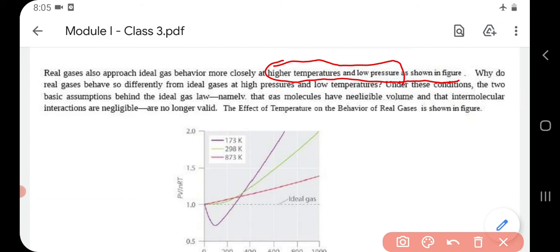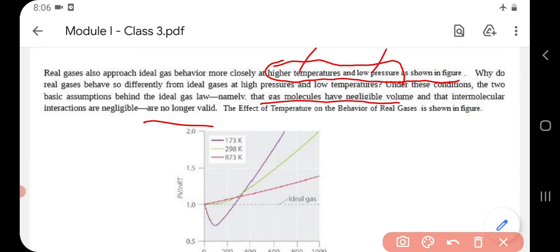Now the question is, why, when the temperature goes low or when the pressure goes high, does the real gas deviate from ideal gas behavior? Because under these conditions, the two assumptions that we made are no longer valid. Which are the assumptions?